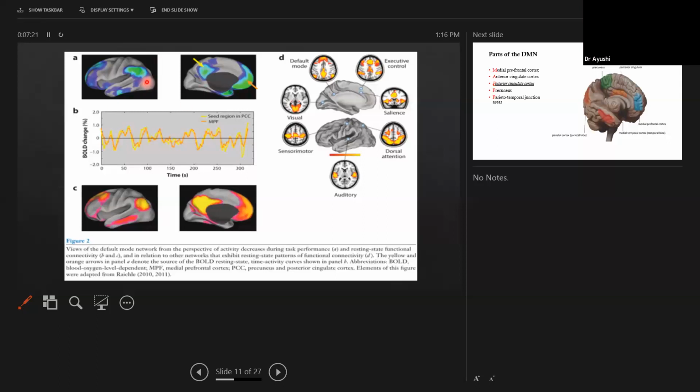So the activity decreases during task performance, and the activity increases when we are having self-referential thoughts. Blue color denotes less activity, and red denotes increased activity.